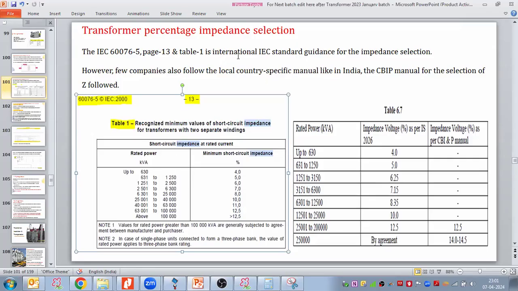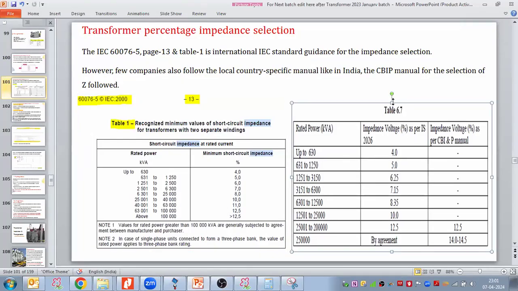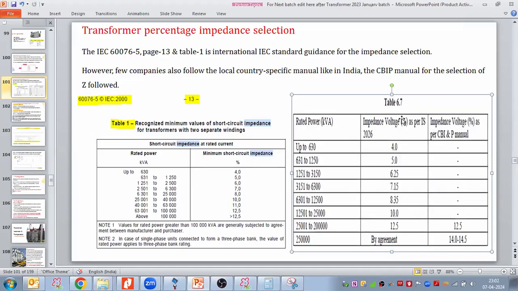It is the international IEC standard guidance for impedance selection. Few companies manufacturing transformers in India sometimes follow the local standard as well. Like in India, the CBIP manual is sometimes followed for the selection of the percentage impedance.